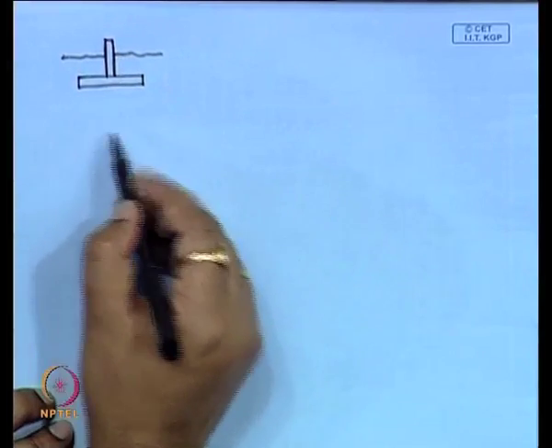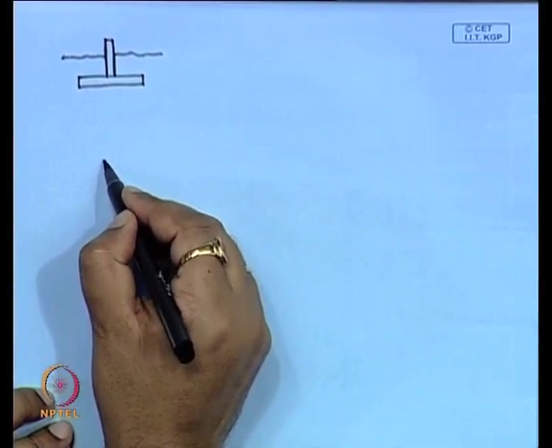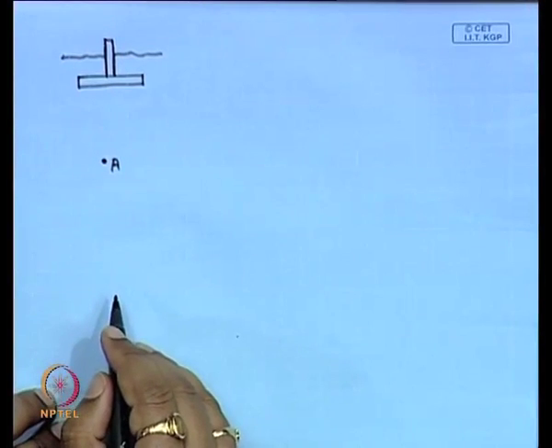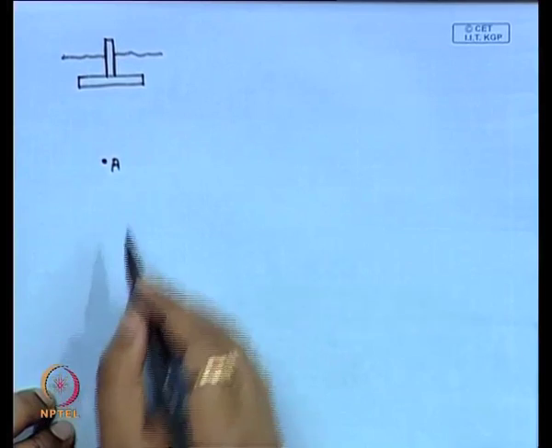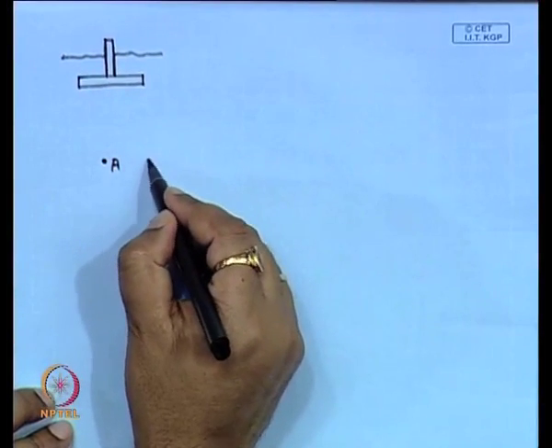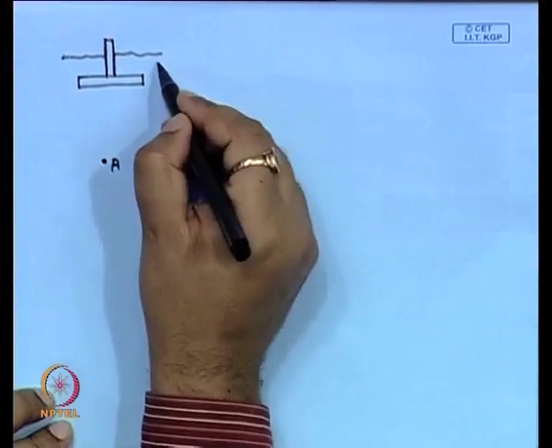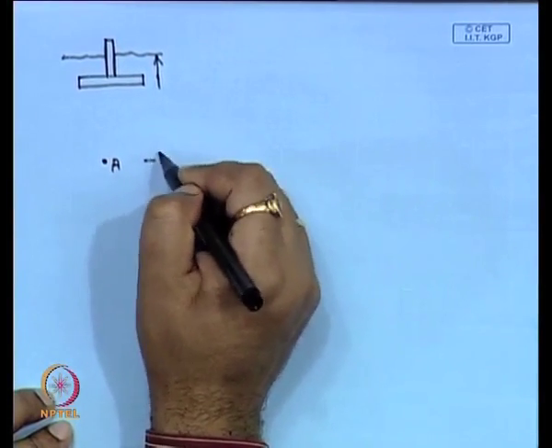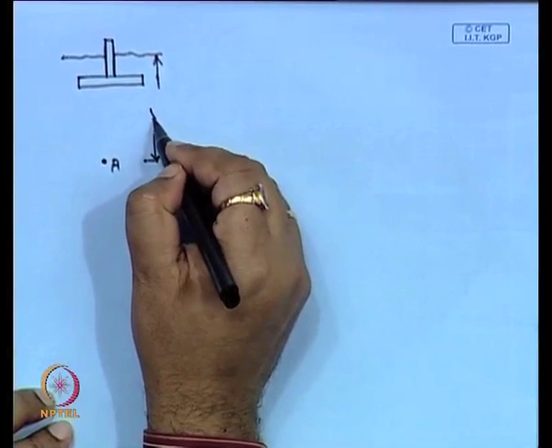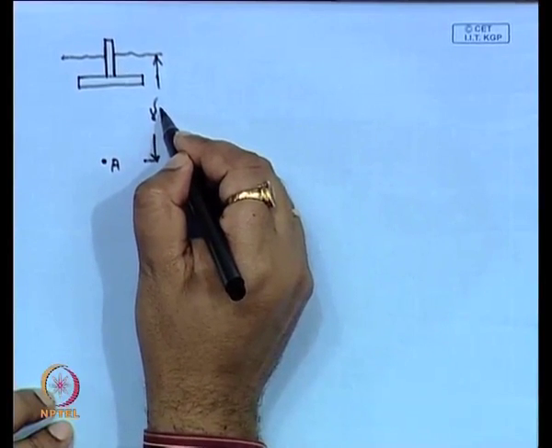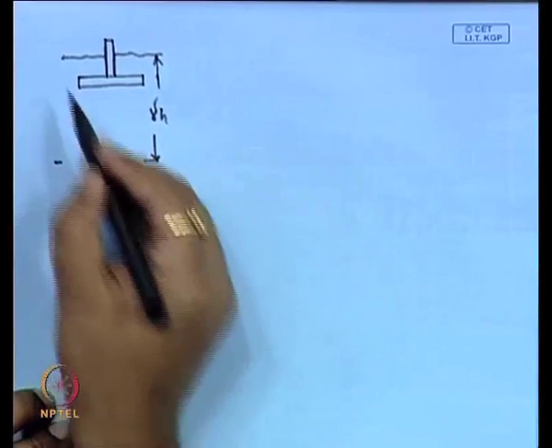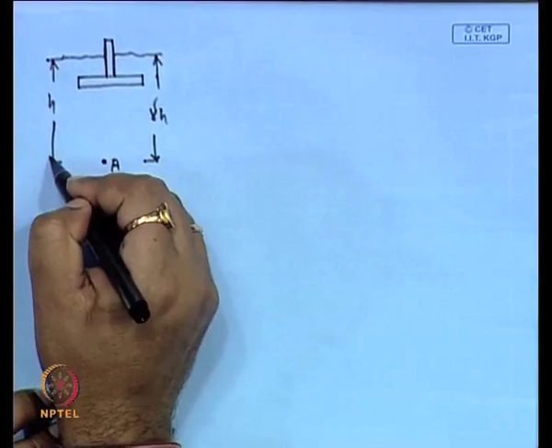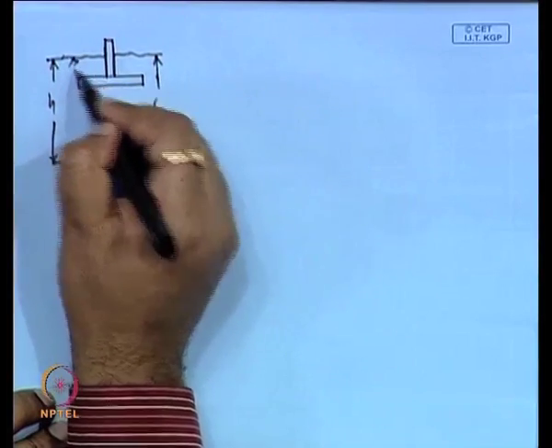Suppose this is the foundation, and we consider a point, say A. If we neglect the water table effect, then the stress at point A is gamma times h, where h is the height of this point from the ground surface.